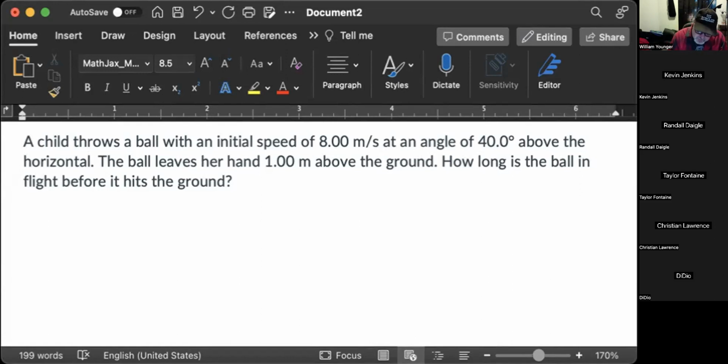Now I'm drawing some things to show what the actual velocity the child is throwing at is. So V0 is equal to 8.00 meters per second, and it's at an angle of 40.0 degrees above the horizontal.